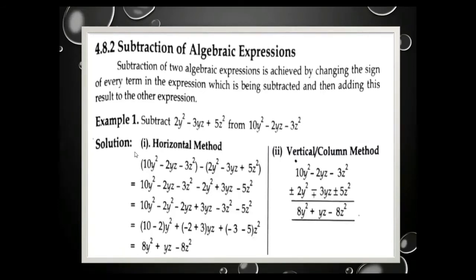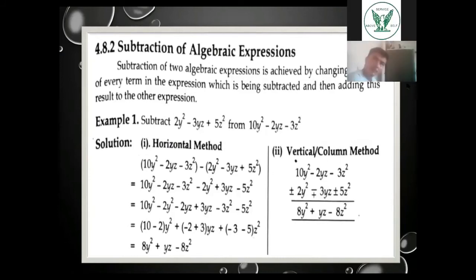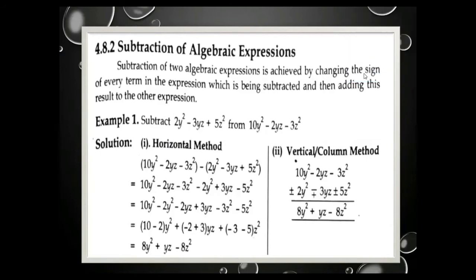We are discussing the vertical, or column, method for subtraction of algebraic expressions. So as I have told you, we will write our algebraic expressions as we have written in the addition method.